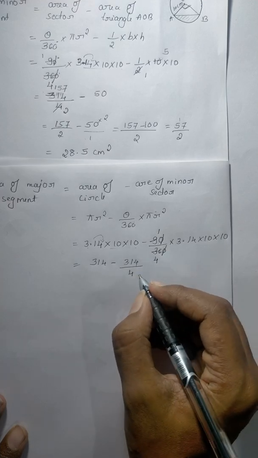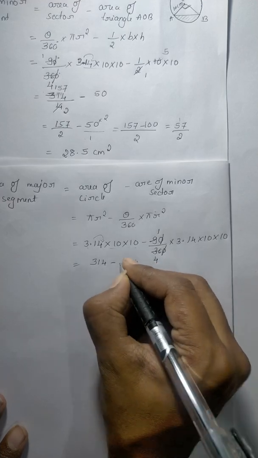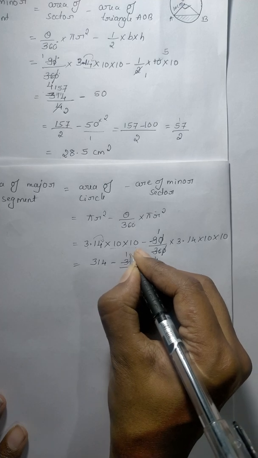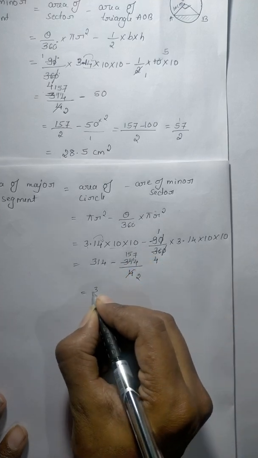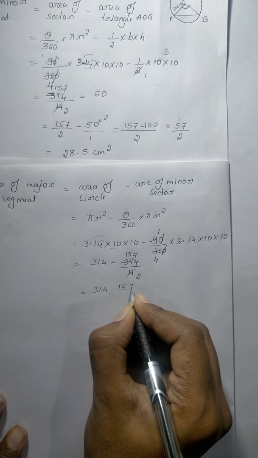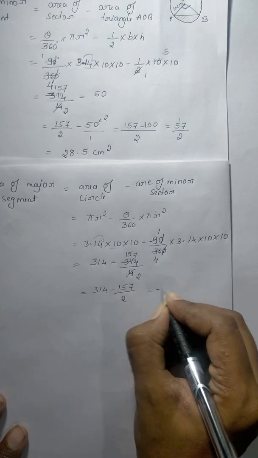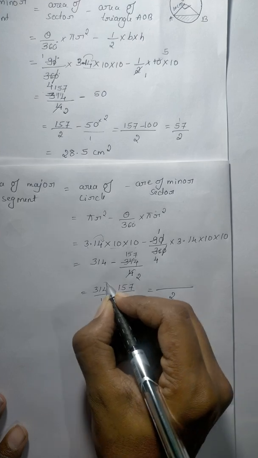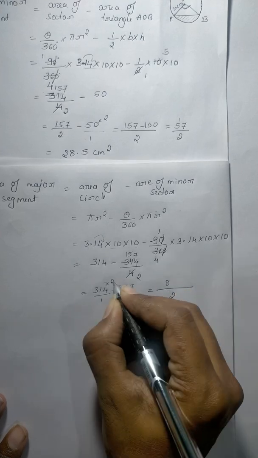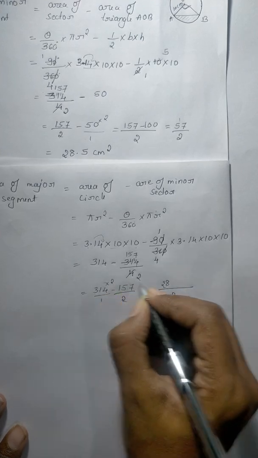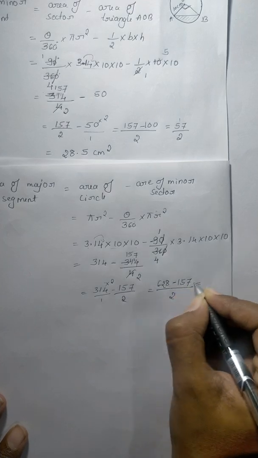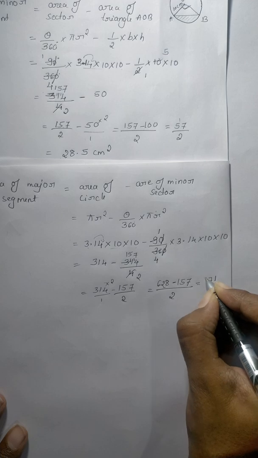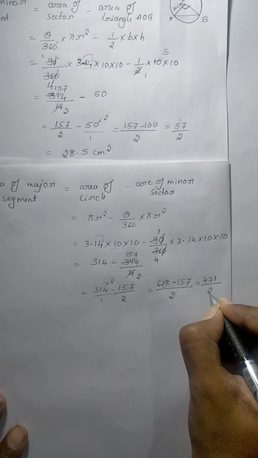Now cancel this one: 2 twos are 4, 2 ones are 2, so 1 remains, 2 fives are 10, 1 remains, 2 sevens are 14. So 314 minus 157 divided by 2. Now the denominator is 2, take the LCM, multiplied with 2: 314 times 2 is 628, so 628 minus 157. 8 minus 7 is 1, 12 minus 5 is 7, 5 minus 1 is 4, so 471 divided by 2.